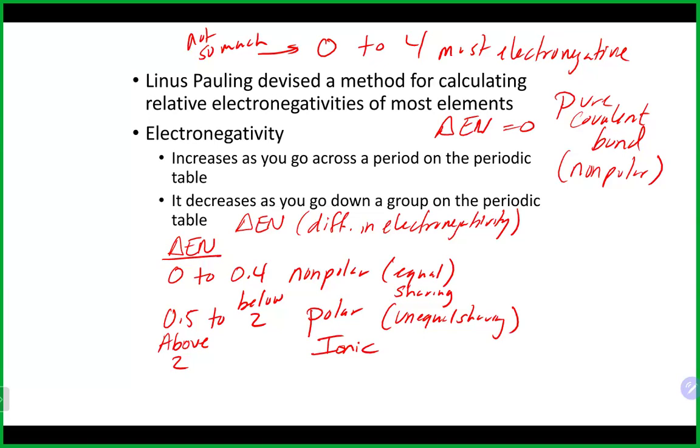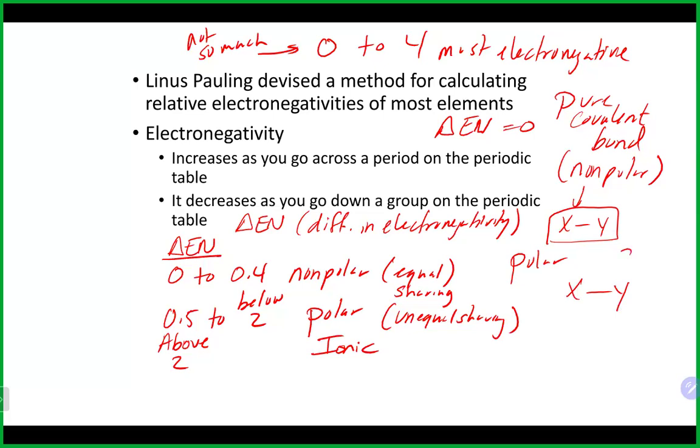A reminder that when we have a nonpolar bond, it is essentially a neutral bond, right? Because we've got equal sharing of electrons. So if we have a nonpolar bond between these two, that bond is essentially neutral. There's no positive side or negative side because overall the electrons are being shared equally. When we have a polar bond, we get that unequal sharing of electrons, which creates a bond that is charged.